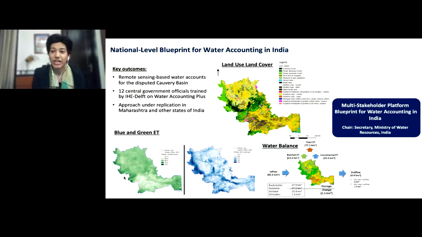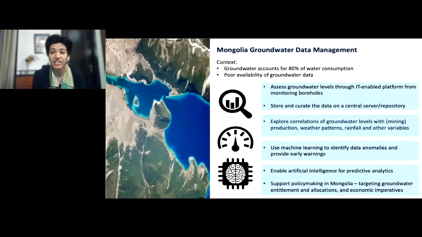In Mongolia, we've seen that a key issue is around the management of groundwater data. So government data suggests that close to 80% of water is through groundwater. It's also a country where there are heightened social conflicts, particularly around the use of water in mining. So we're developing a groundwater data portal, which helps to collect data from different monitoring borewells and other sources, and then correlates that data through different climatological and economic factors.